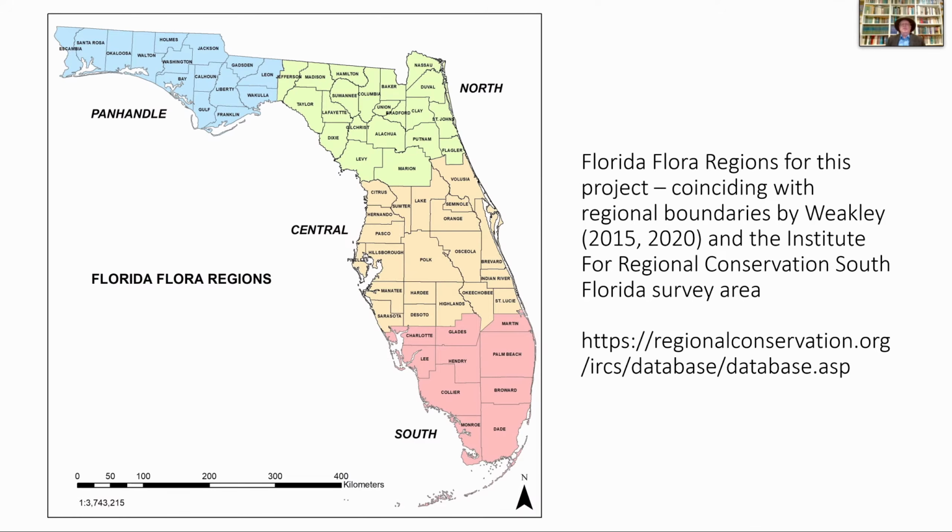The South Florida region corresponds to that used by the Institute for Regional Conservation in their floristic survey of Southern Florida. The North and the Panhandle are regions that were included in the previous version of Weakley, 2015. Therefore, Central is what's left between those.